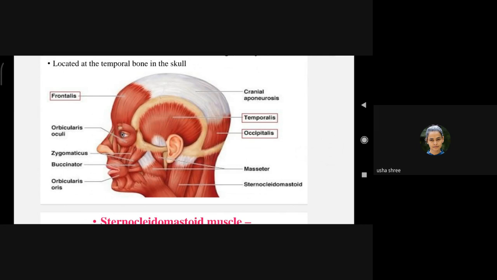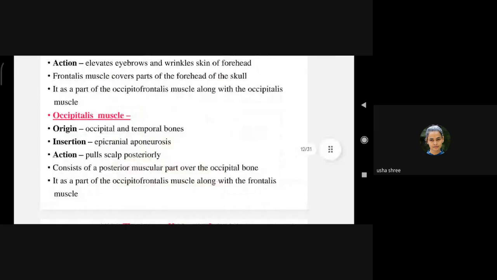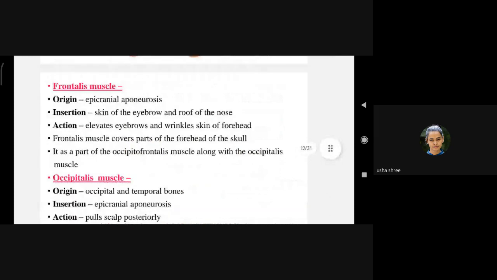The origin point of the muscle is where the red color starts after the white color in the skull. It is inserted near the eyebrow, hence the term skin of eyebrow and roof of nose.